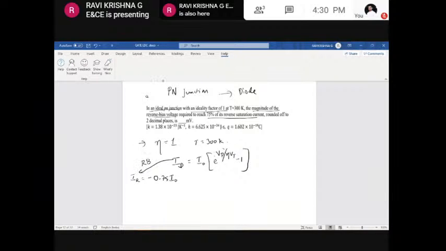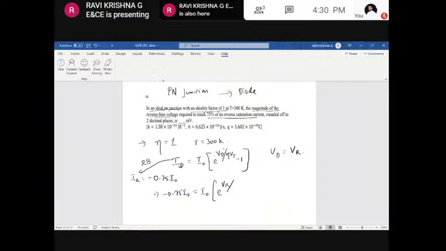So you just simply substitute minus 0.75 I naught is equal to I naught into e to the power of VD, where VD means the voltage across the diode. That should be the reverse voltage that we need to calculate here, so I call it VR, divided by eta, which is 1, and the thermal voltage.